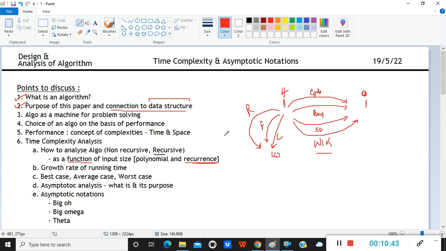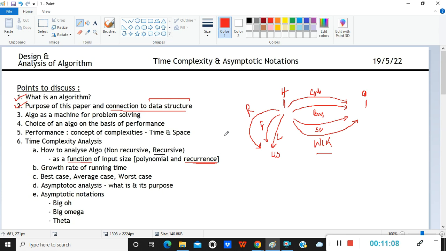So your data structure comes into place. You select a suitable data structure for your suitable solution. While we are developing an algorithm for a particular problem, we also choose a suitable data structure.